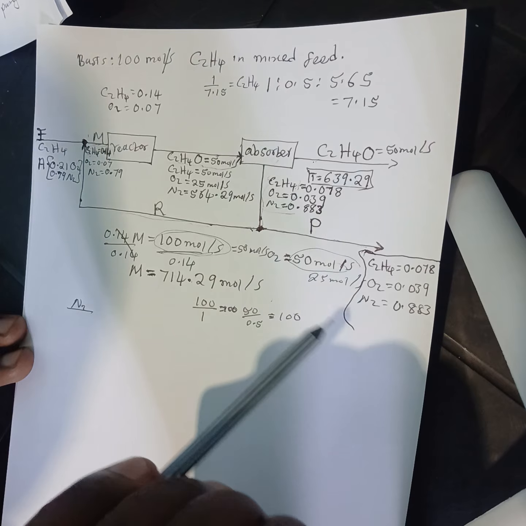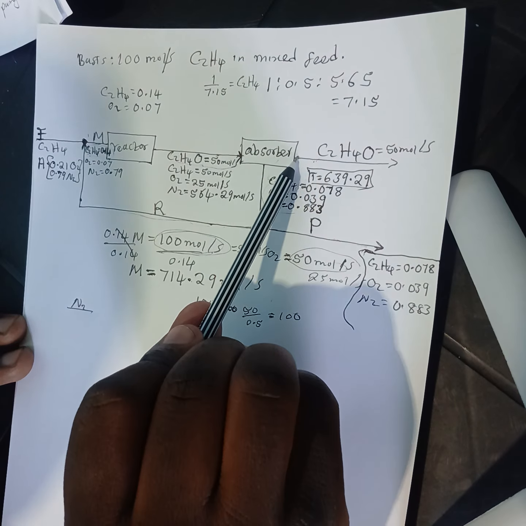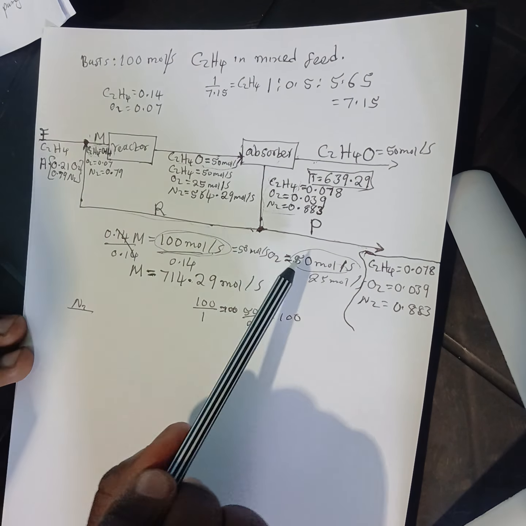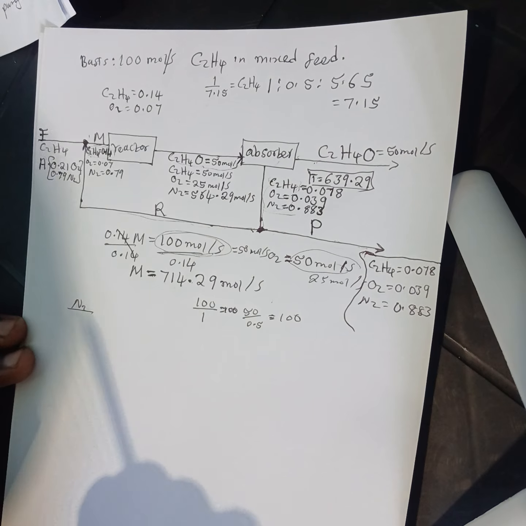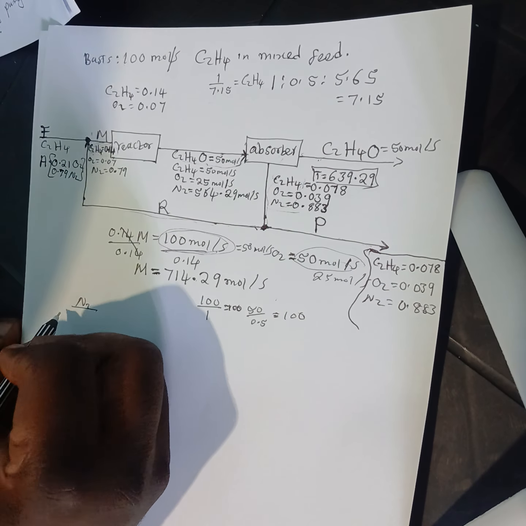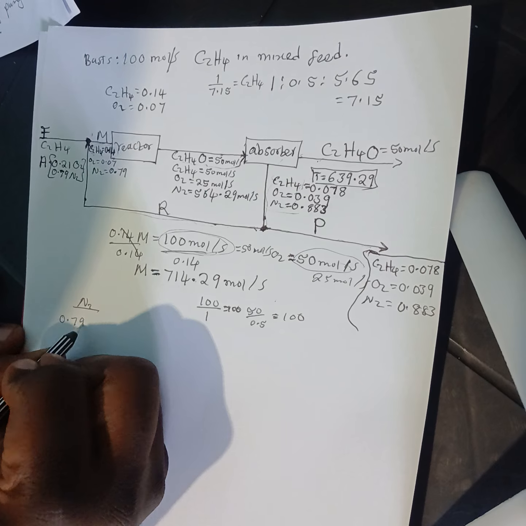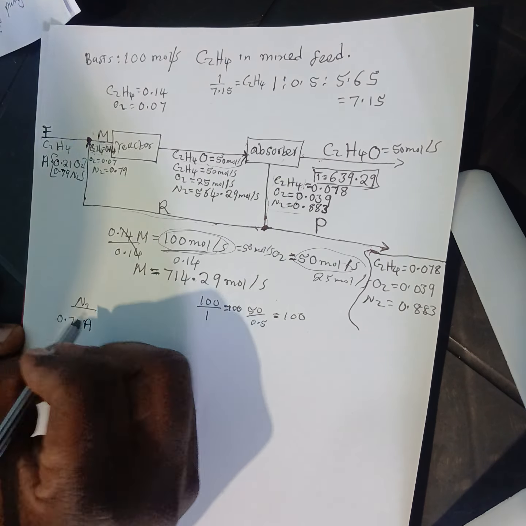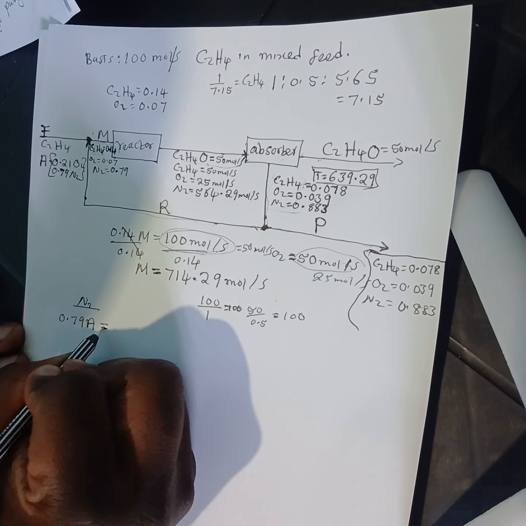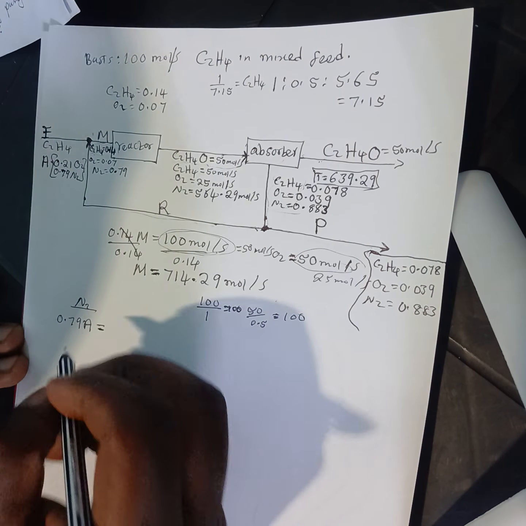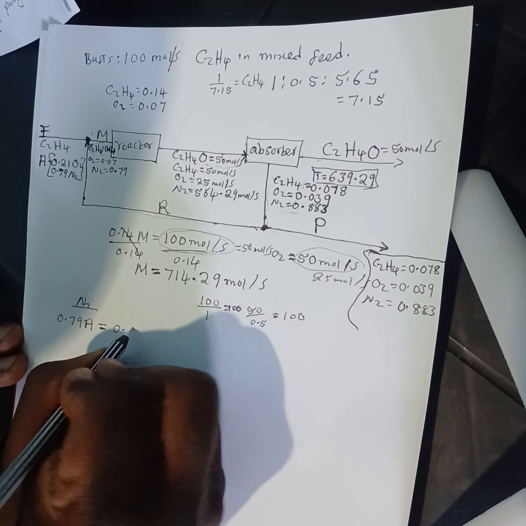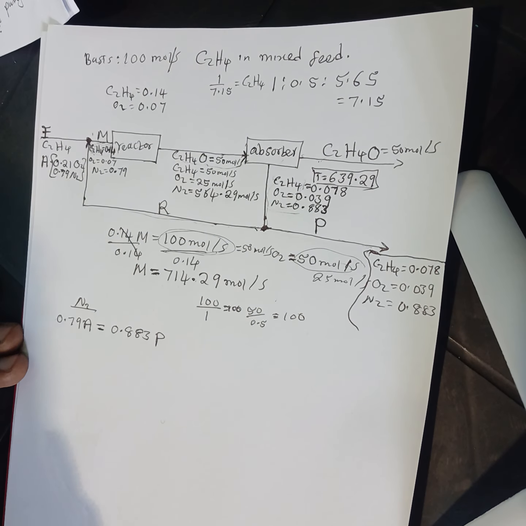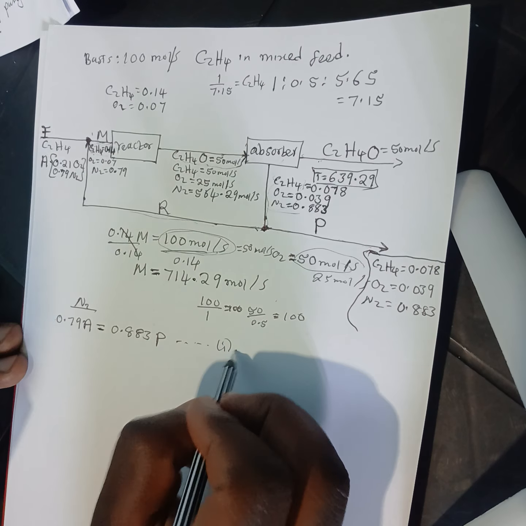Now you discover that this nitrogen is inert, so it is not present in this stream, it is only present here. So the amount of nitrogen entering at this point is equal to the amount of nitrogen that is leaving through the purge stream. So for nitrogen, this will be 0.79 of A. Remember, A is the air. 0.79 of A to be equal to 0.883 of P. That's what it means. So this can be our first equation.